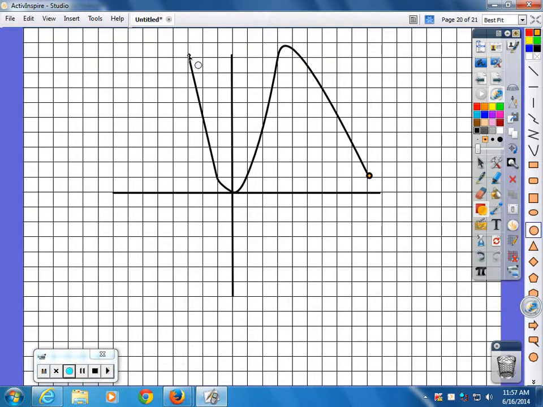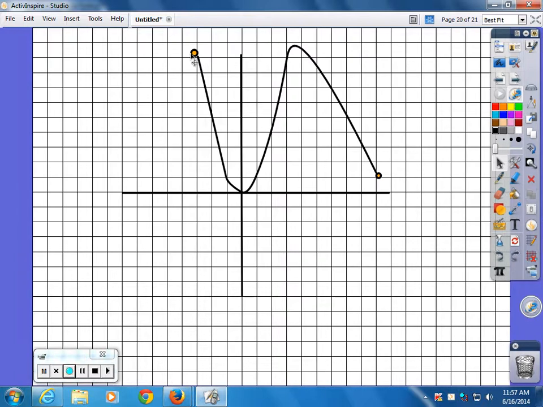I said you can use all real numbers or negative infinity to positive infinity, but that won't always be the case. Trust me.